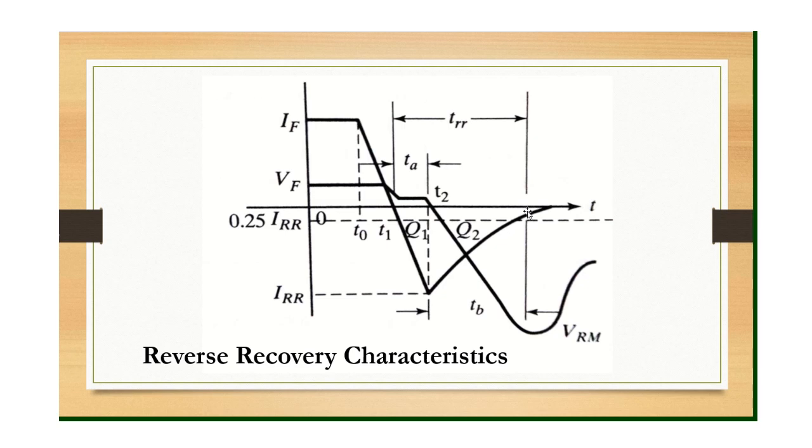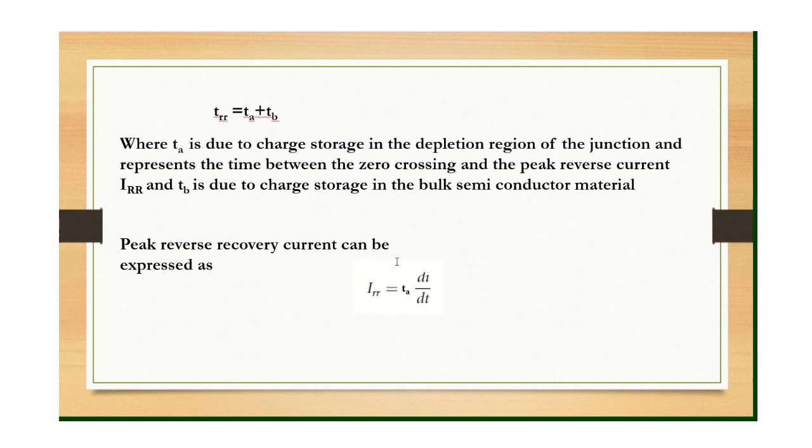Now what is TRR? As I mentioned, TRR, the reverse recovery time, may be defined as the time interval between the instant the current passes through 0 during the changeover from forward conduction to reverse blocking conduction, and the reverse current that has decayed to 25% of its peak reverse value IRR. Let me repeat.